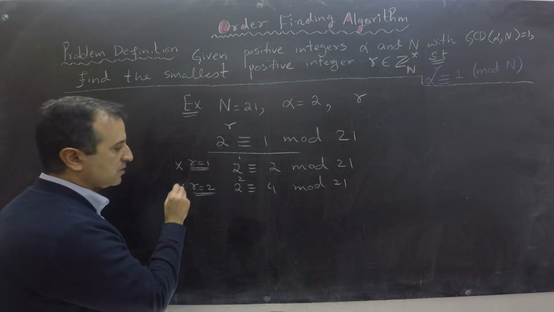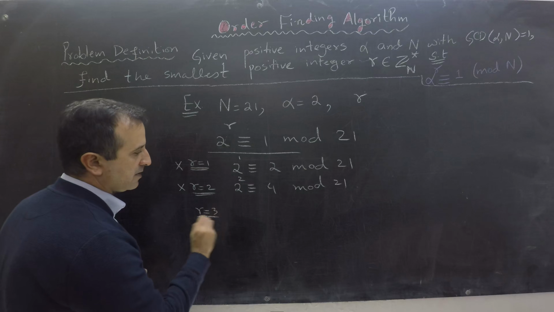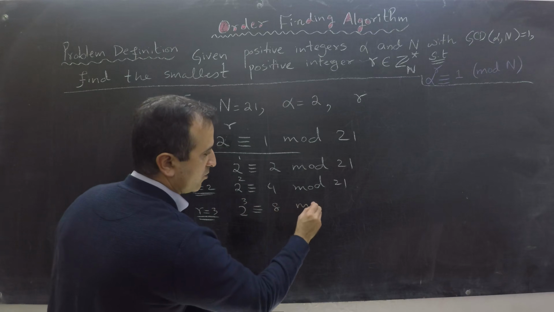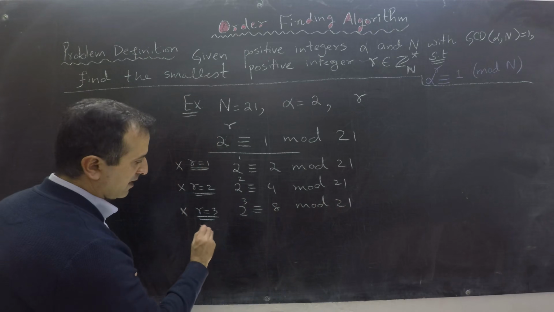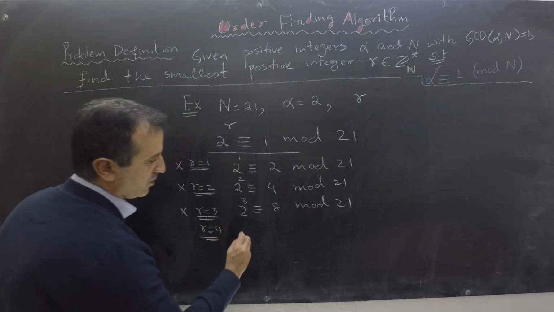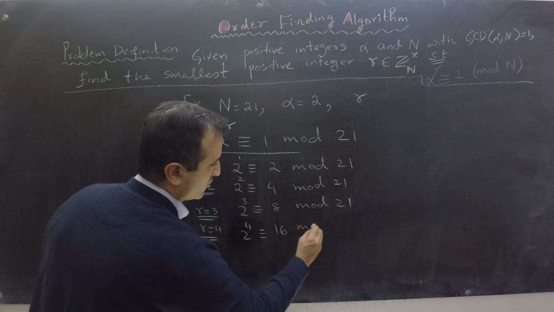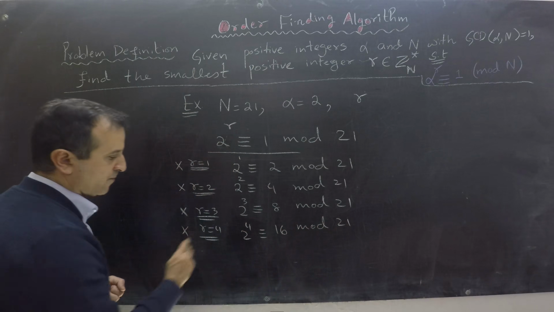That means 2 cannot be the order. Now I try r equal to 3. 2 raised to power 3 is congruent to 8 in mod 21. So 3 is not my order. I try r equal to 4. 2 raised to power 4 is equal to 16 in mod 21. And so 4 cannot be my order.